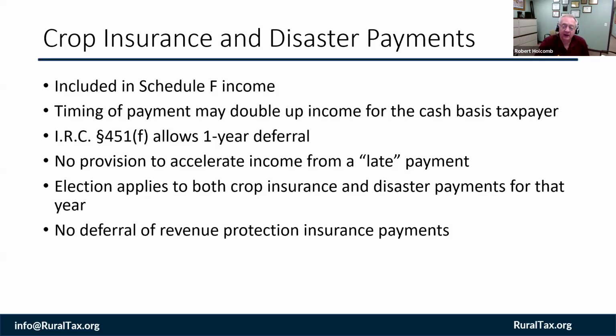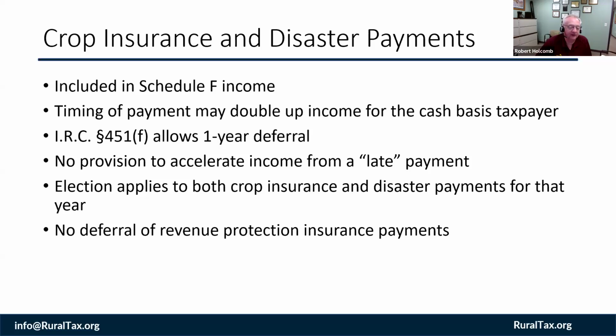Under the constructive receipt rules, that's going to be taxable when you have constructive receipt of it, when you have it and you're able to put it into your bank account. So if you get a late payment in 2025, there's no provision to accelerate that income into 2024. You pretty much have to take that as income in 2025, count it that way, and make your plans accordingly.